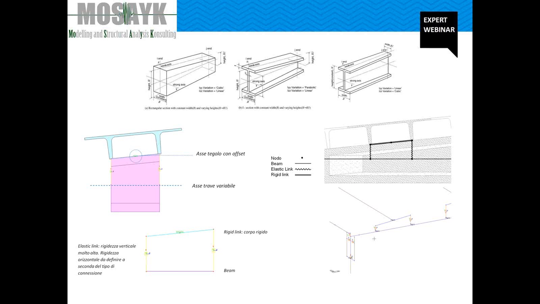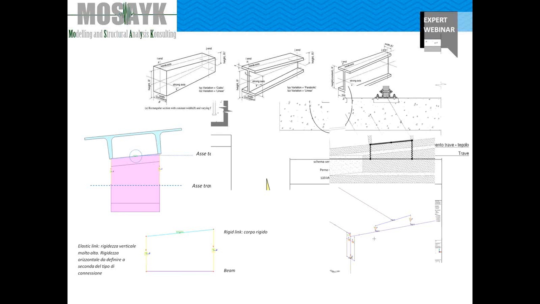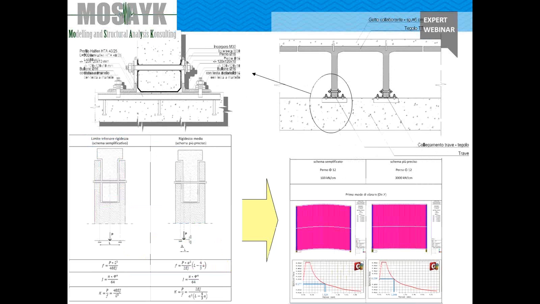Furthermore, in order to represent the shear connectors of the roof to the beam using L-shaped link, we may refer to the approach proposed by Midas Gen in the next slide, where two different schemes may be used. One on the left that is simply supported, and the second on the right that is partially fixed.